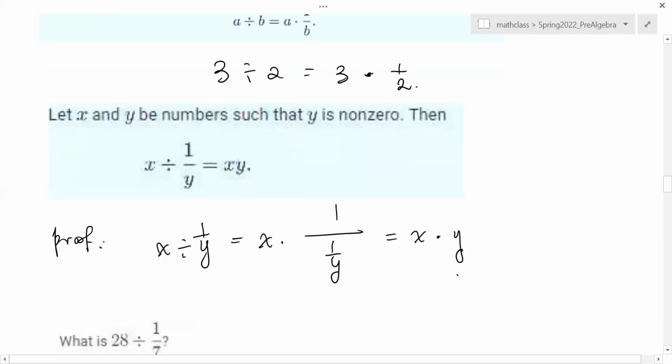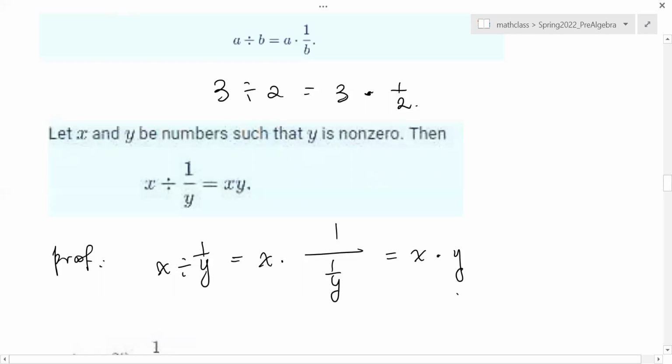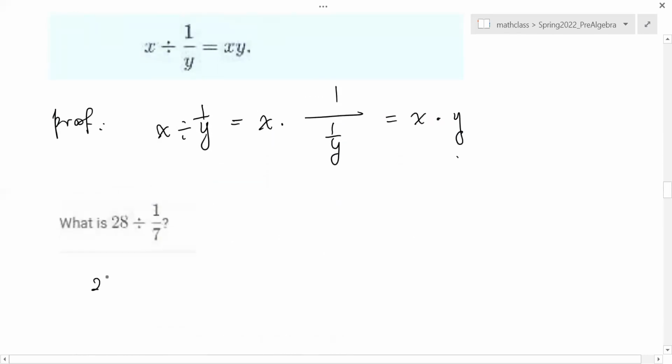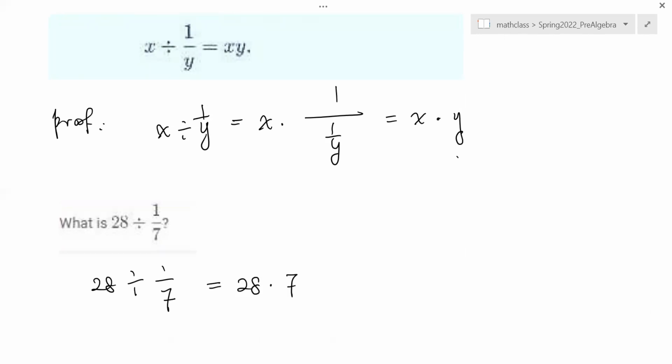We already proved that the reciprocal of the reciprocal of y is y. This is another formula we can use in the future. Don't make mistakes: 28 divided by 1 over 7 is actually 28 times 7, not divided by 7.